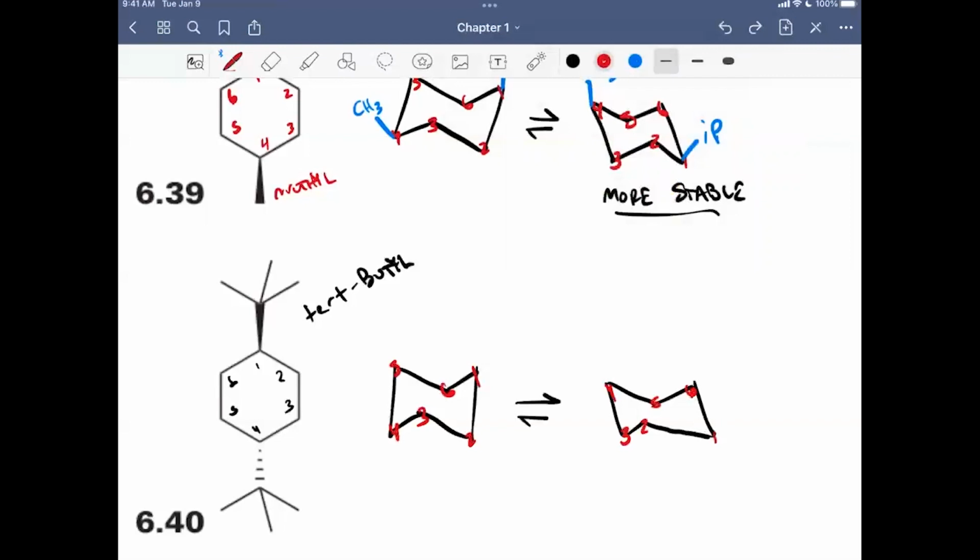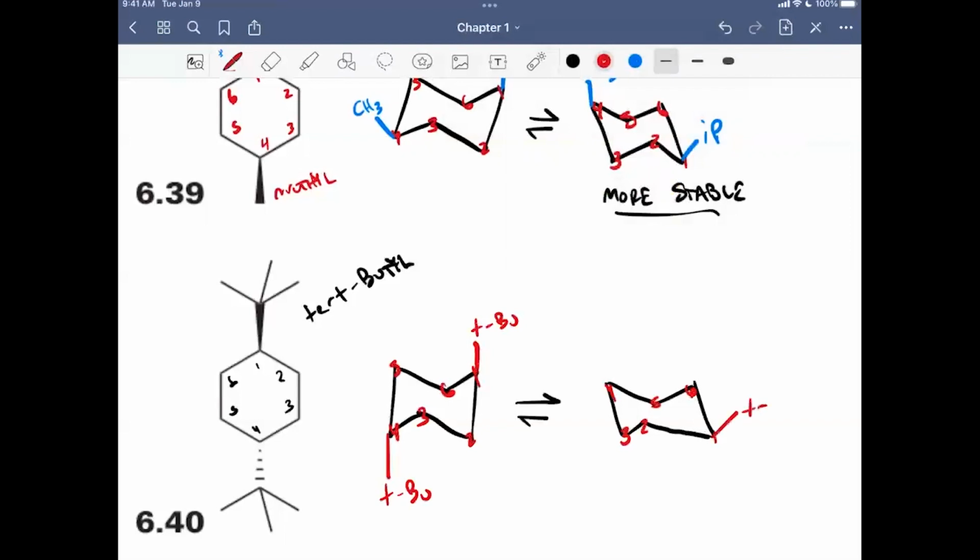So on our carbon 1, we have a wedge. That's a tert-butyl group. I'll just do that abbreviation, t-Bu. And then on carbon 4, we have a dash, which is down, on tert-butyl. Okay, and then same thing for this ring flip.